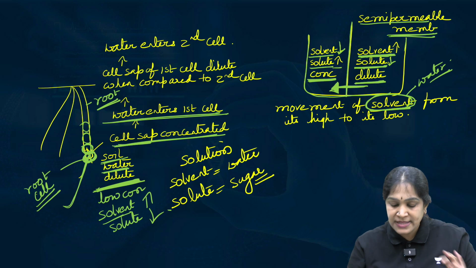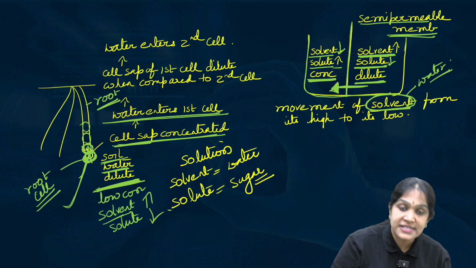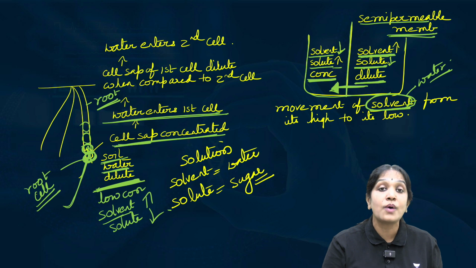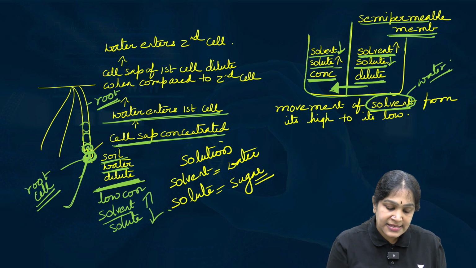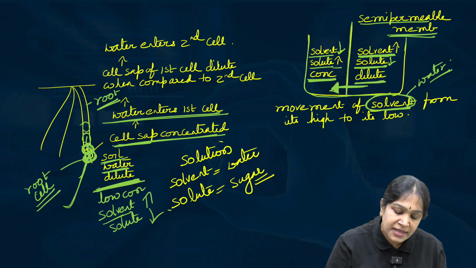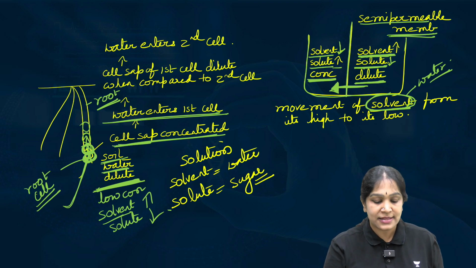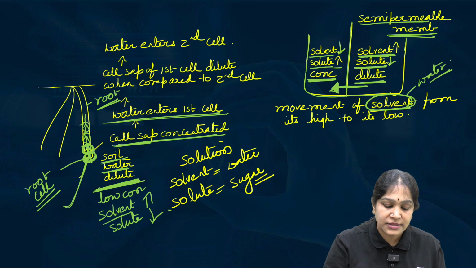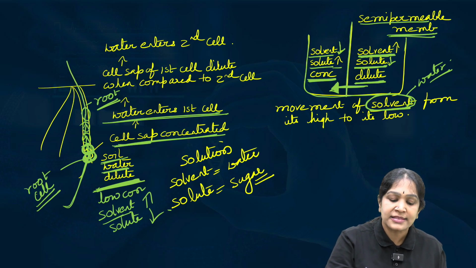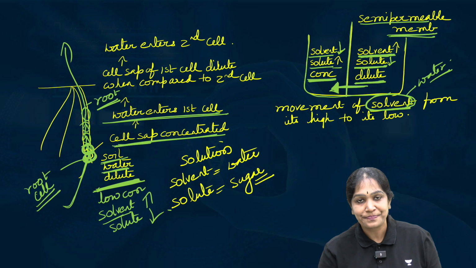Now water goes from the first cell to the second cell through osmosis. Then the second cell's cytoplasm is diluted. Then the water goes from the second cell to the third cell, to the fourth cell, to the fifth cell. Like this the water goes up.